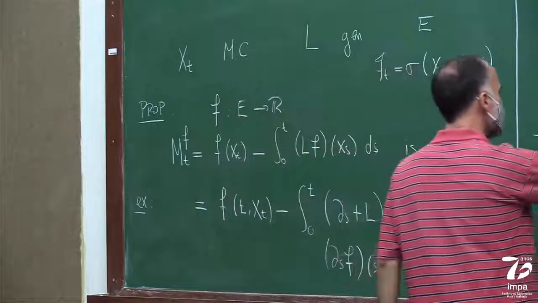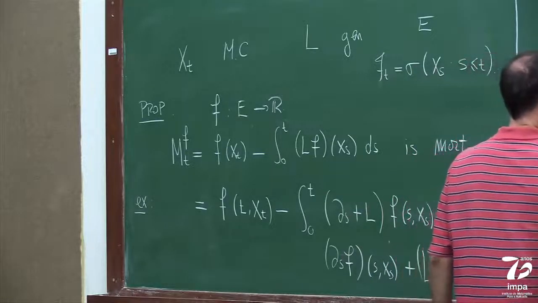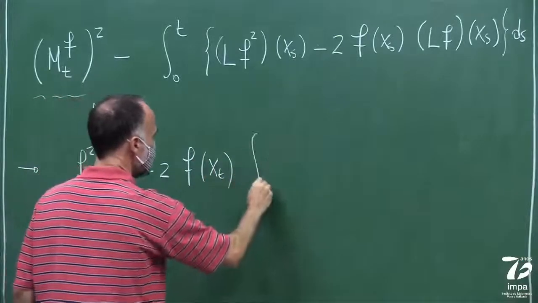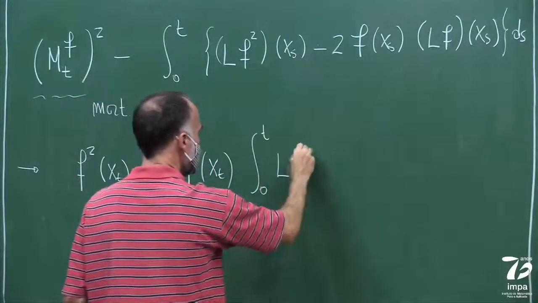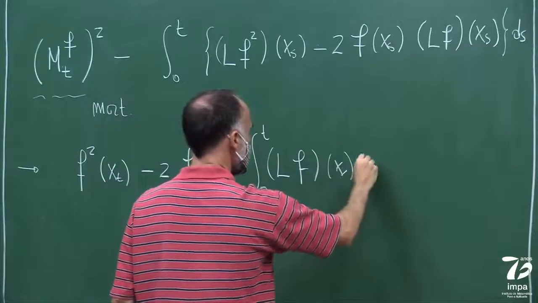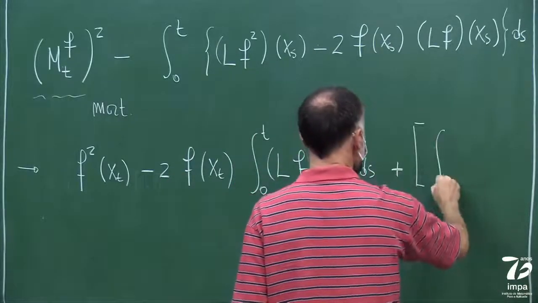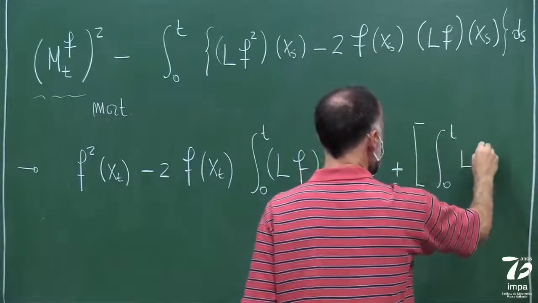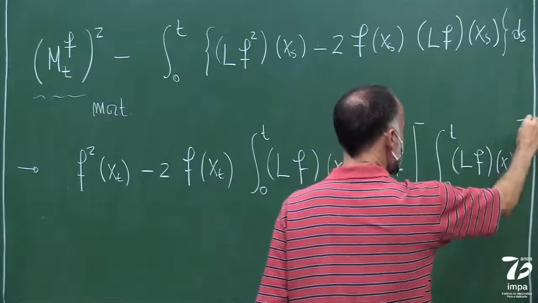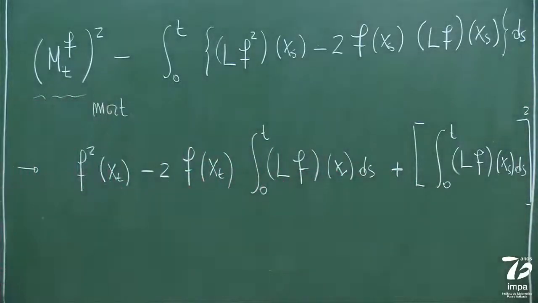If I take the square of this difference, what I get is f squared of X_t minus 2 times f(X_t), the integral from 0 to t of Lf(X_s) ds, then plus the square of the integral. So this is the first term.